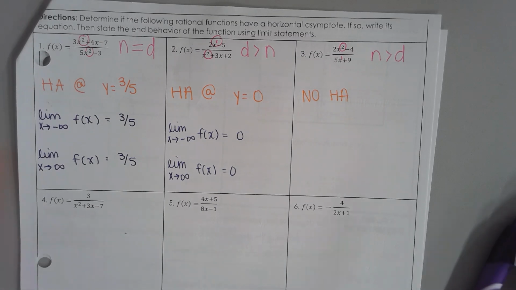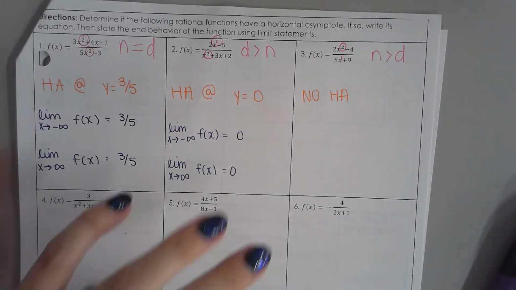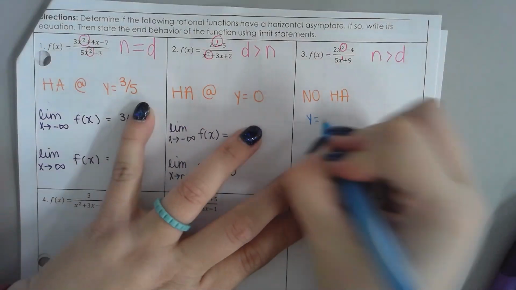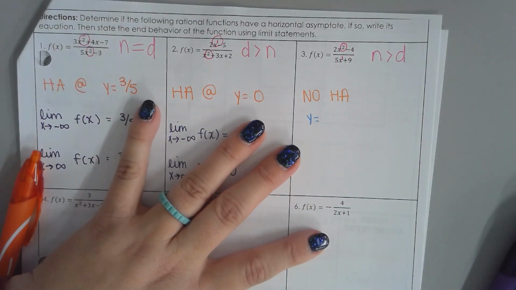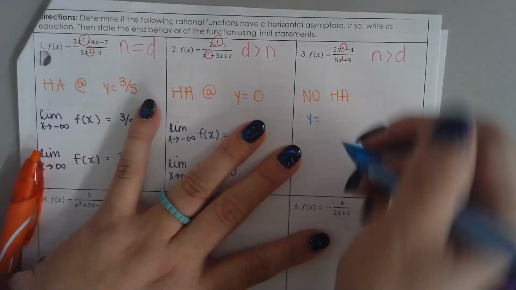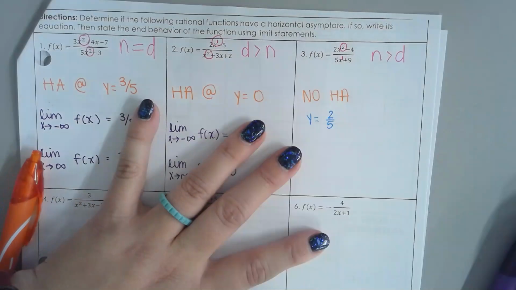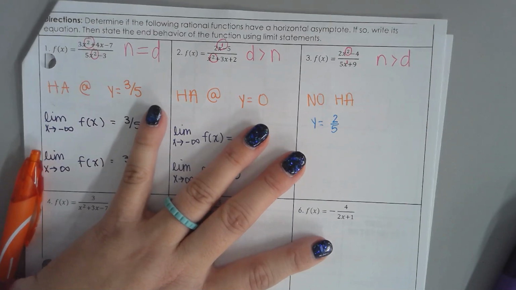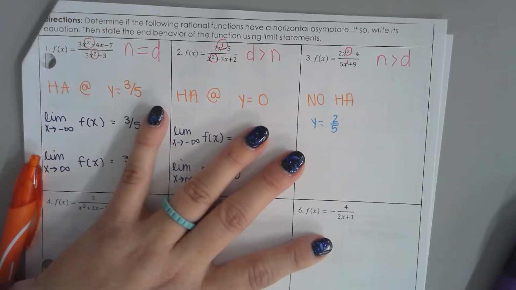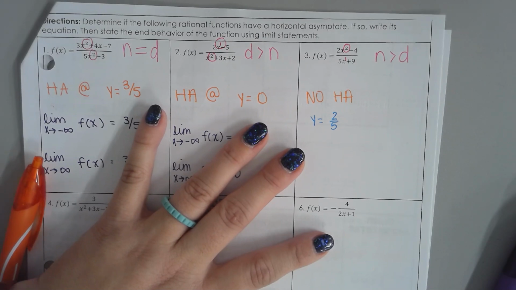But we need to write that y equals. So it was a over b, right? So 2/5. It doesn't really matter what that number is, except that it's a positive number. The positive number is what affected our end behavior.